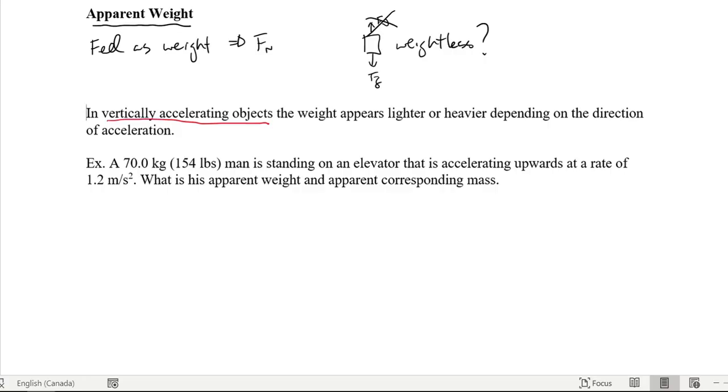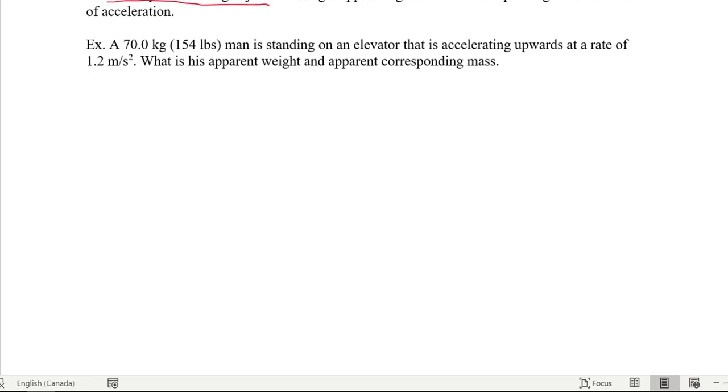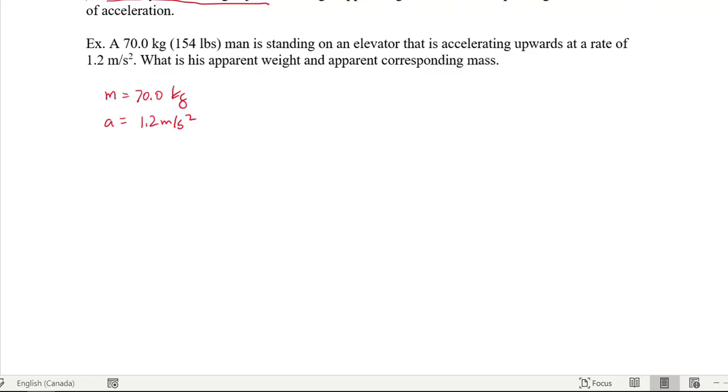So let's take a look at this example. We have here a 70 kilogram man, so there's his mass, 70.0 kilograms. He's standing on an elevator that is accelerating upwards at 1.2 meters per second squared. And so we want to find his apparent weight.